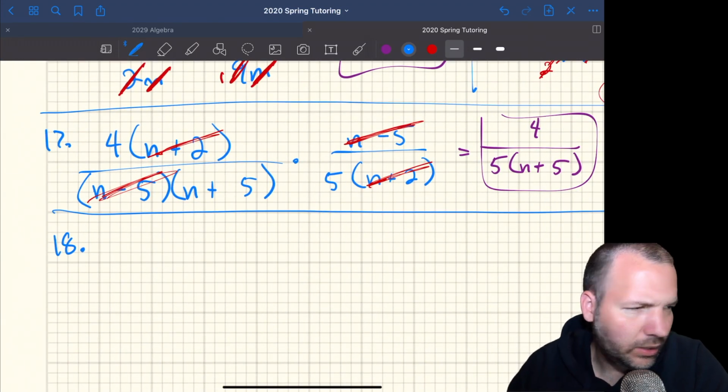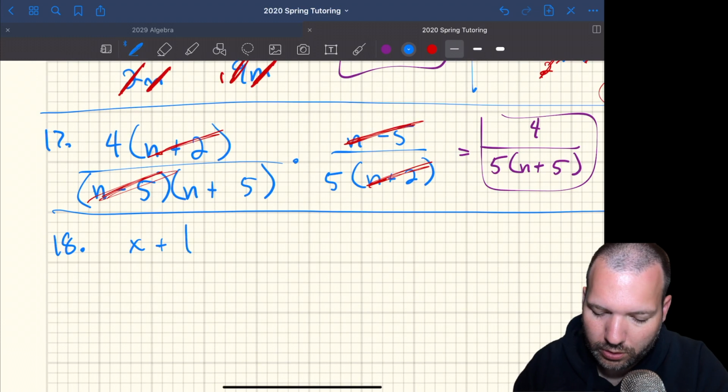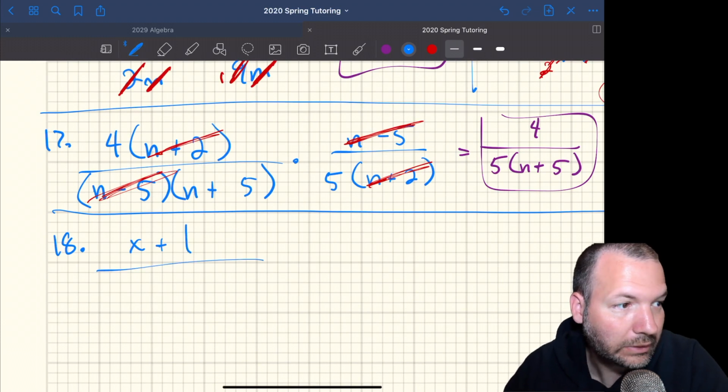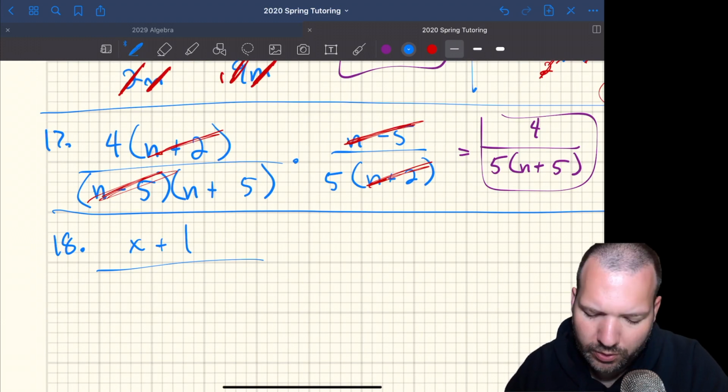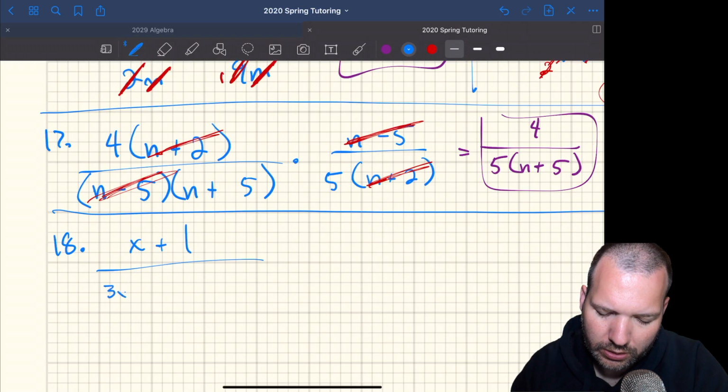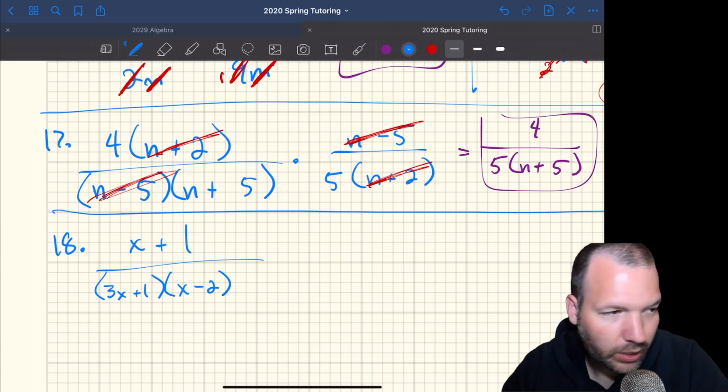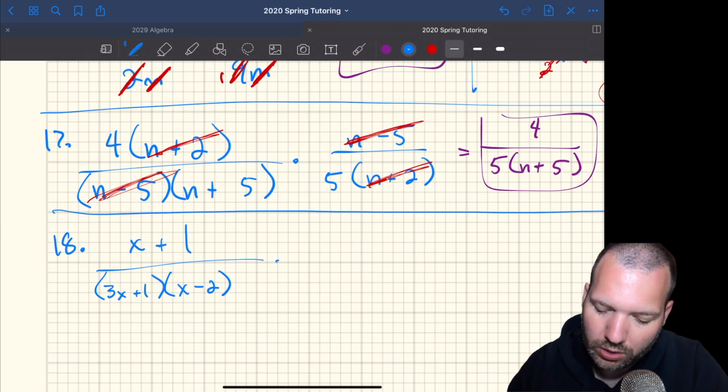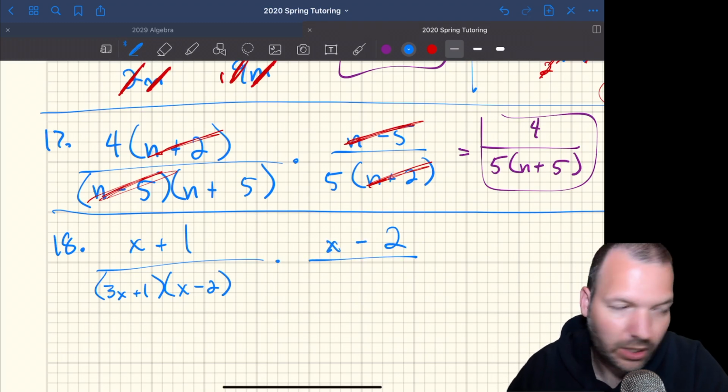Number 18, x plus 1 over, can I factor this in my head? Well, I'm pretty sure we factored this already. It was 3x plus 1 times x minus 2. Yeah, you can use Bach's method to confirm that, but that is the factorization for that denominator.